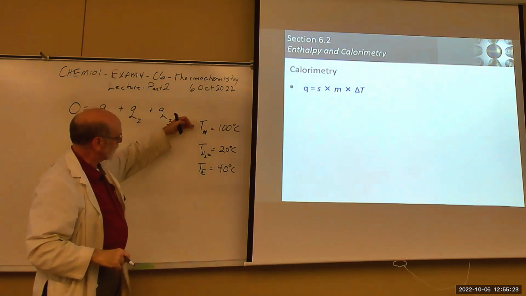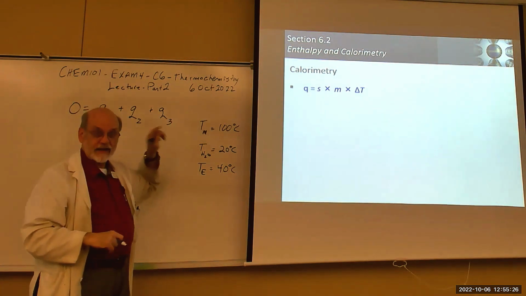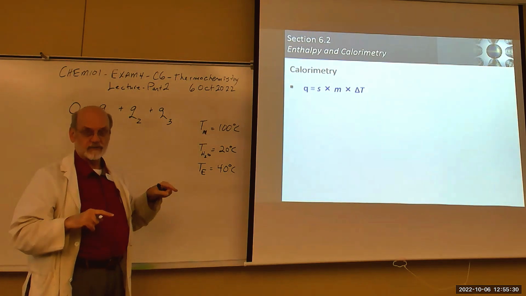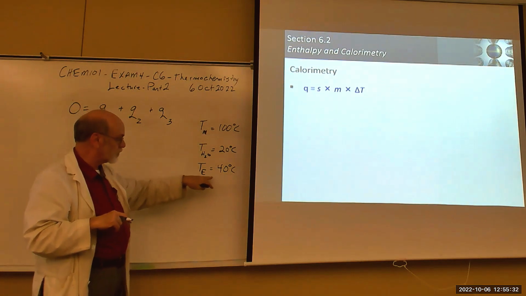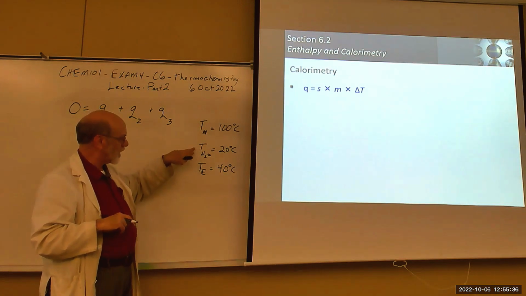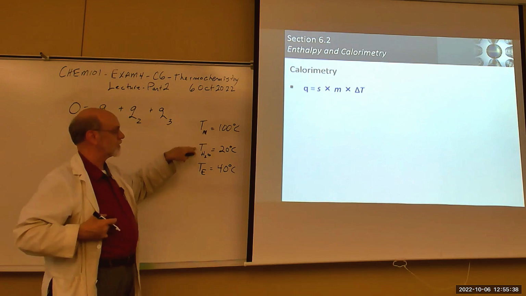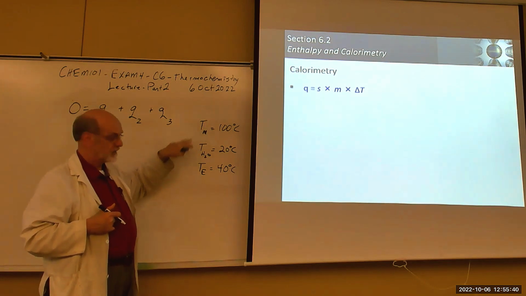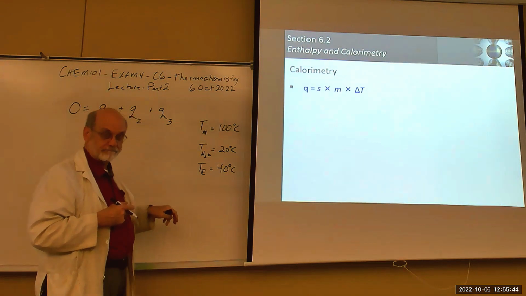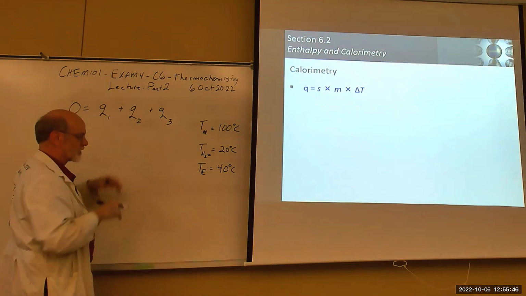Okay, so this one had a decrease. At equilibrium now, both metal and water are at the same temperature. So this would be the final temperature for each process. And the water process would start here. This is the initial temperature for the metal. This is the final temperature for both of them. Okay. Now we know the temperature transfers.